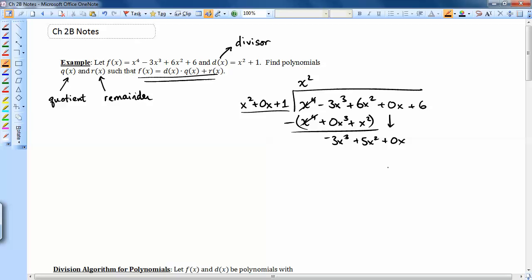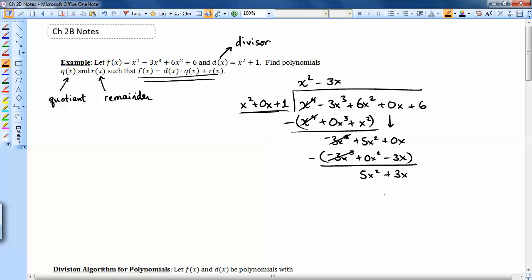The next term I'm going to use is negative 3x. Multiplying, I get negative 3x cubed plus 0x squared minus 3x. Now I'll subtract again. These cancel. I'm left with 5x squared minus 0x squared, which is just 5x squared, and then 0x minus negative 3x, which is positive 3x.